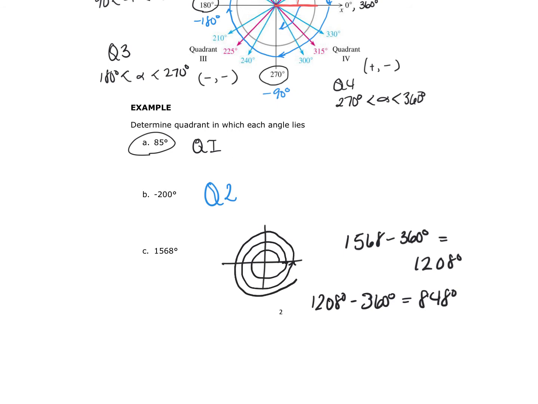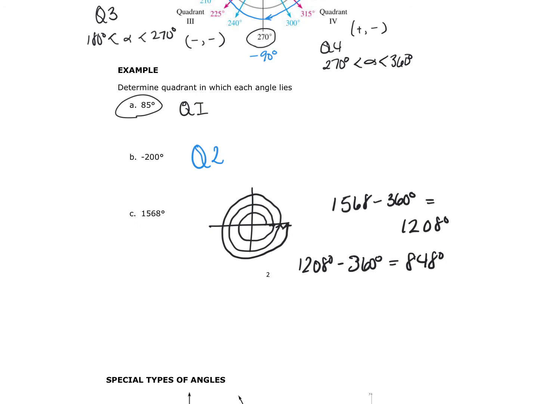I'm going to take that 848, subtract another 360, and I get 488. 848 minus 360 is going to be 488.